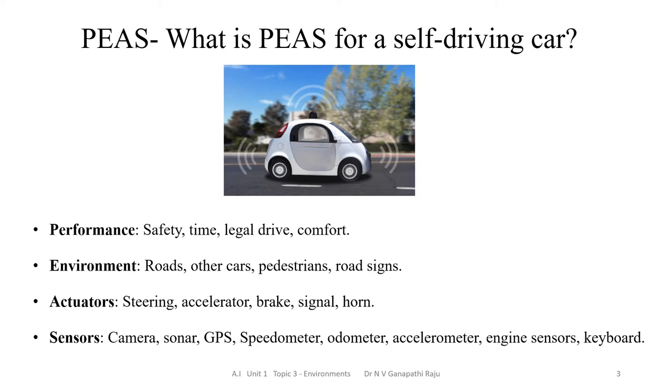The actuators of a self-driving car are steering, accelerator, brake, signal and horn. And the sensors are camera, sonar, GPS, speedometer, odometer, accelerometer, engine sensors and keyboards.